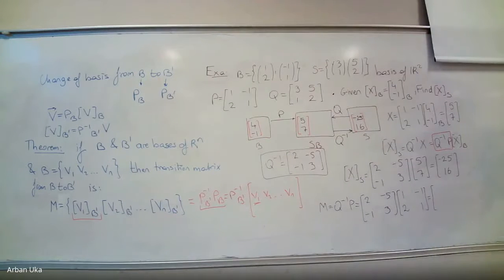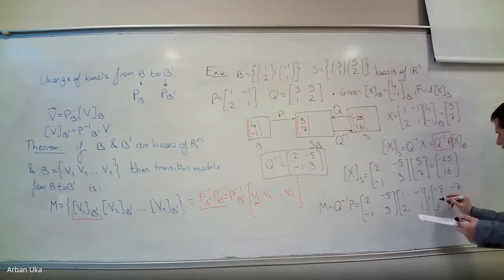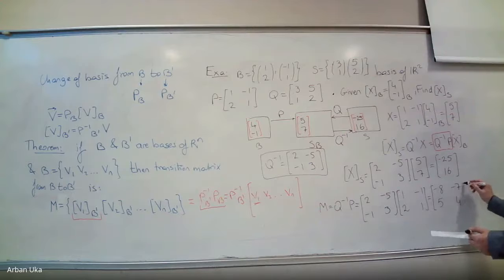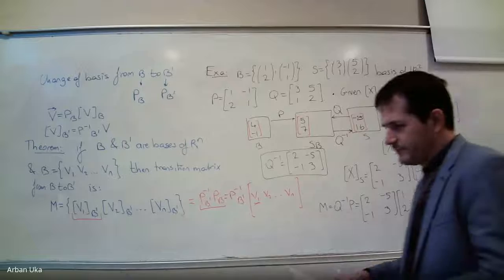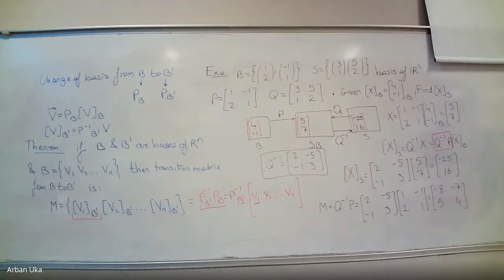If we multiply those, what we get is [[0, -3], [1, 8]]. Okay. Any question?